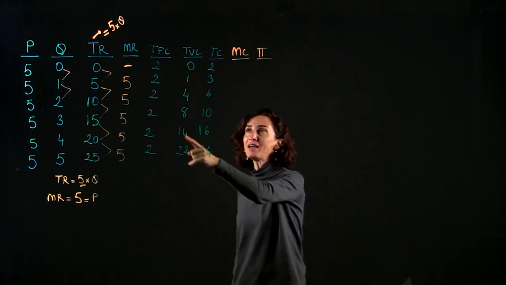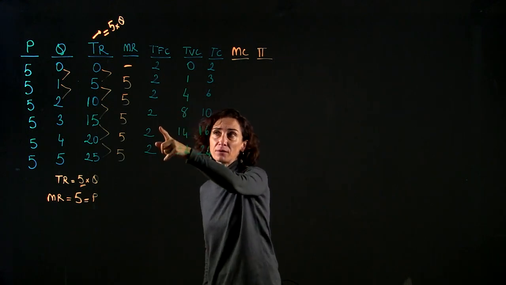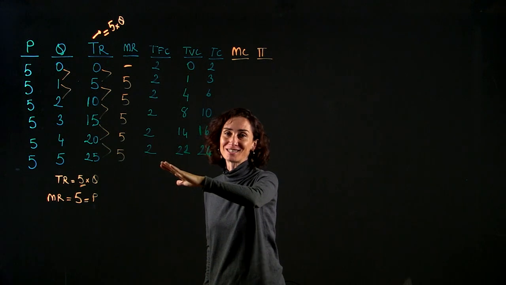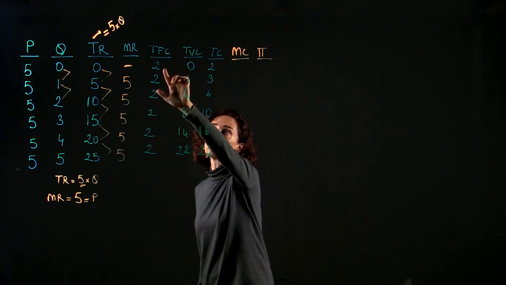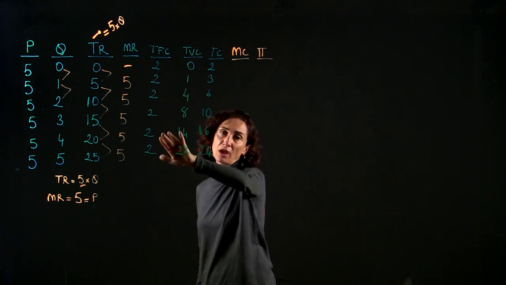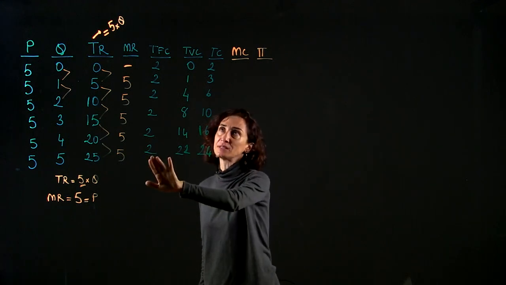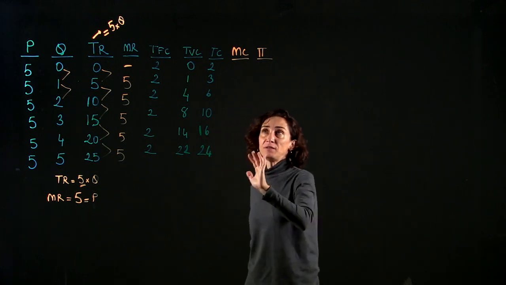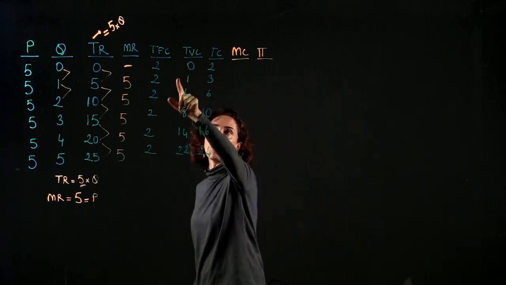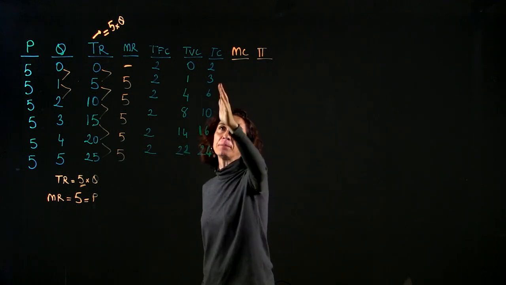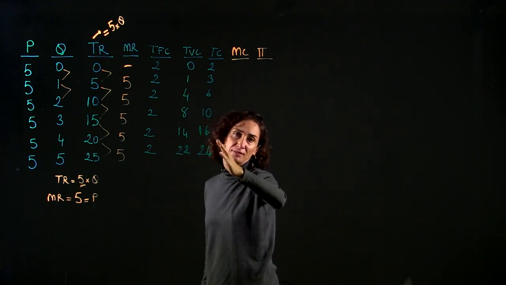If I had a number that varies here, it wouldn't make sense. So this is the cost of fixed input, and in this example it is 2. Total variable cost is going up, and it is going up at an increasing rate.